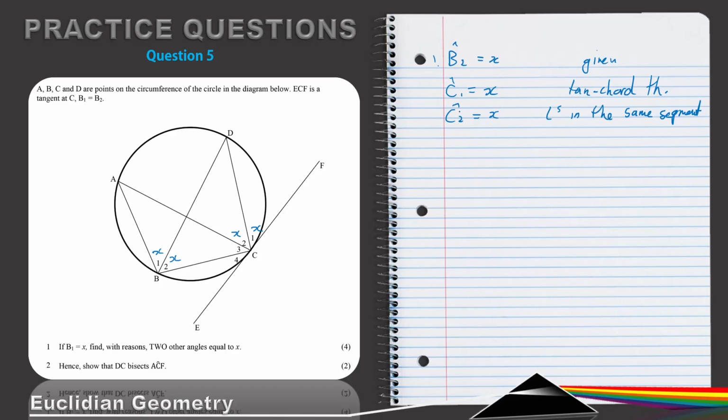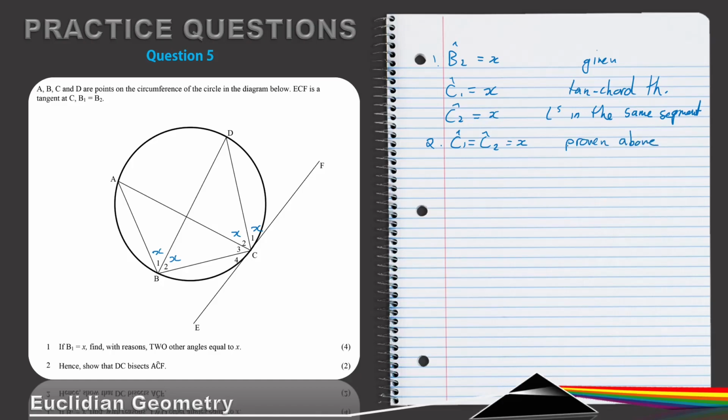Now, moving on, we've got question 2. Hence, show that DC bisects ACF. So we have already shown that these two are equal. We can just state that, because then we can conclude that DC bisects, or cuts in half, this ACF. So I'm just going to state that angle C1 is equal to angle C2 is equal to X, and this was proven above.